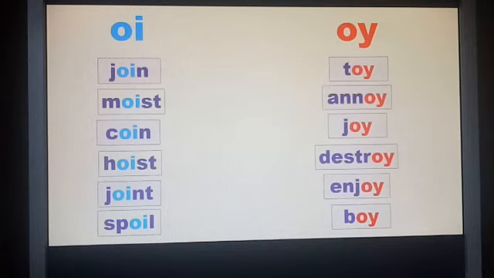OI sound is written in two ways. When the OI sound is heard in the middle or beginning of a word, you have to write OI, and if it is heard at the end of the word, most of the times we write OY.